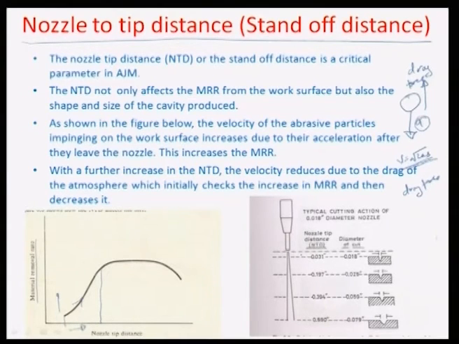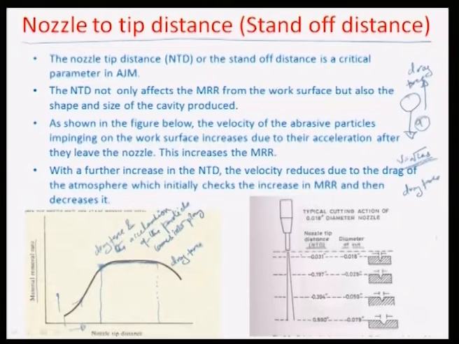But then this really is the point from which the interplay between the drag force and the acceleration of the particle comes into play, and you can see that the material removal rate has plateaued, because both of them are interplaying together. And then after the distance is increased any further from this particular point, the drag force becomes dominant.